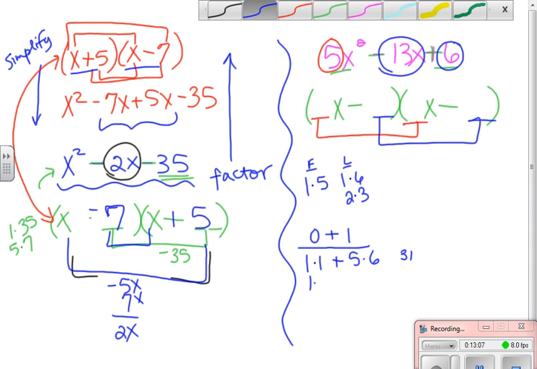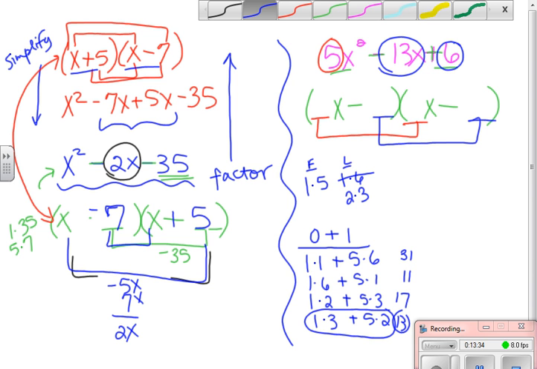And then I'm going to switch it. 1 times 6 plus 5 times 1 is 11. That's not 13. So that one can't be it. So then I'm going to do 1 times 2 plus 5 times 3. Well, that's 17. So that doesn't work. So then I do 1 times 3 plus 5 times 2. That's 13. These are the numbers I need to use.